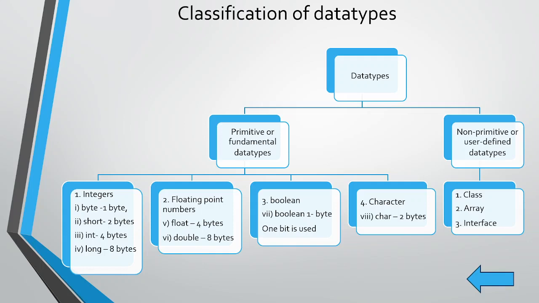Character, one character per 2 bytes allowed. So total 8: byte, short, int, long, float, double, boolean and char. Non-primitive are 3: class, array, interface. New data types which programmers create.